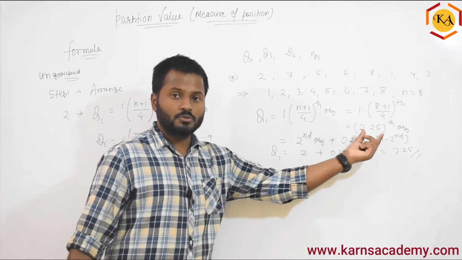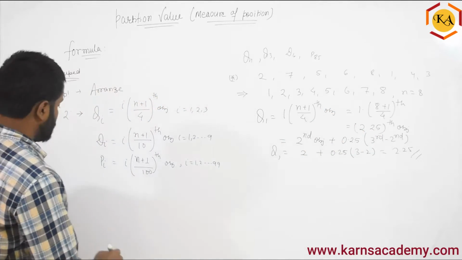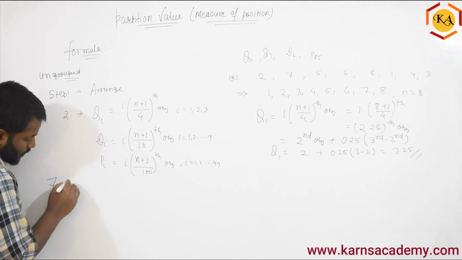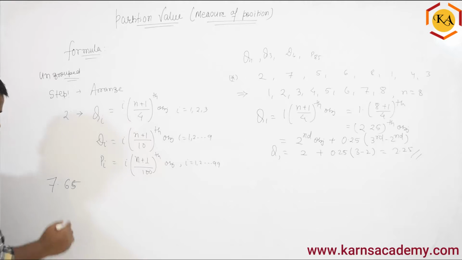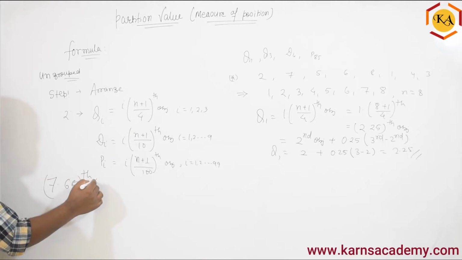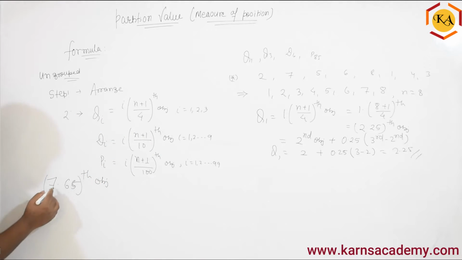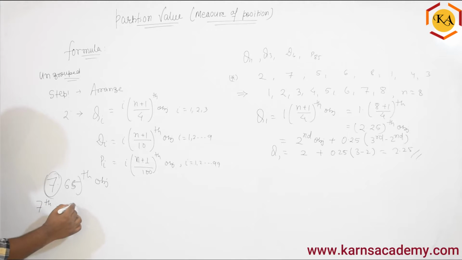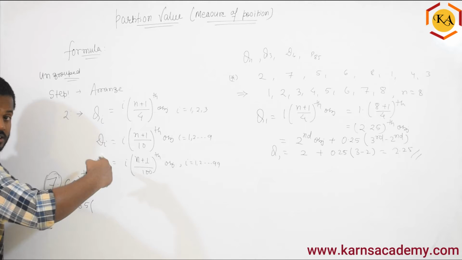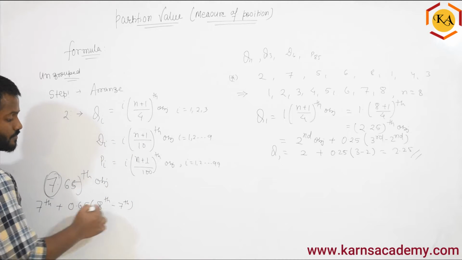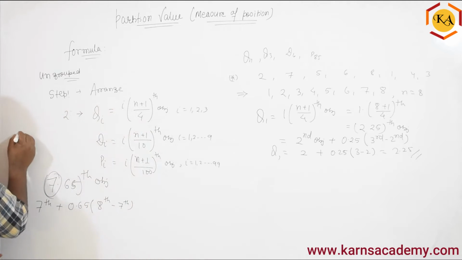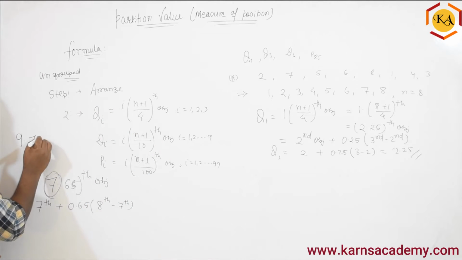You're getting confused how to do this? Assume that you solved and you got 7.65 observation. So you will take this term, that is the 7th term, plus 0.65. What is the next term you have? That is 8th minus 7th, the previous one. Assume one more thing. Let's assume that you got 9.75.